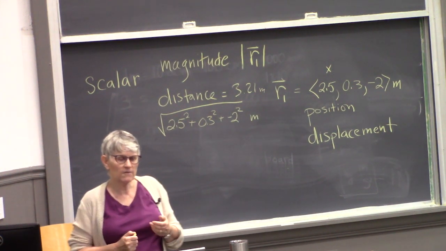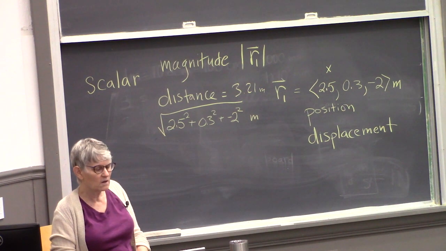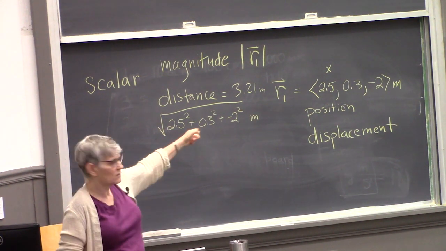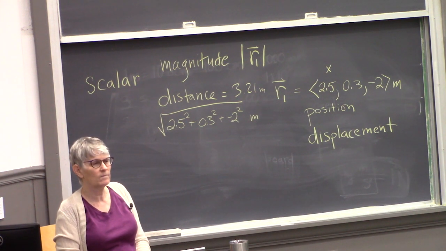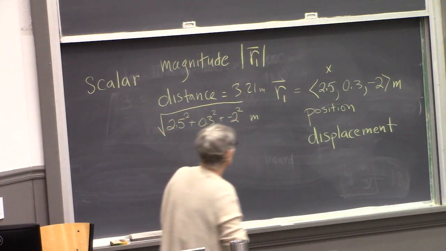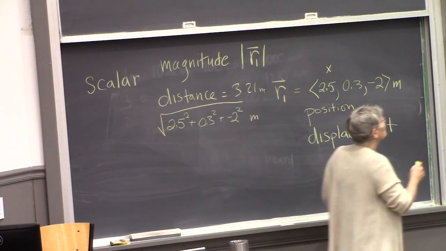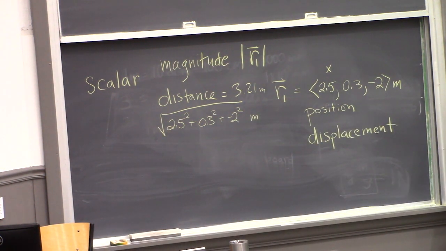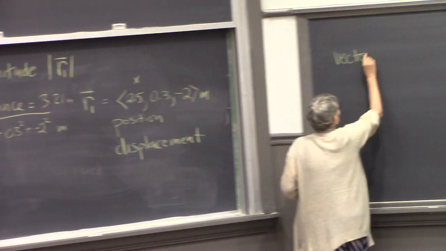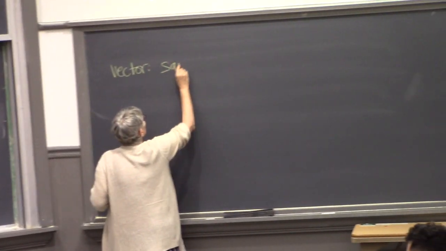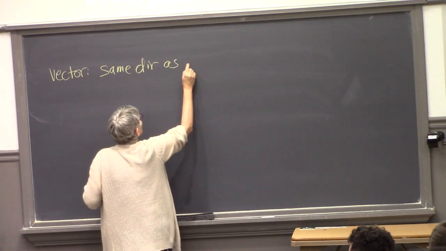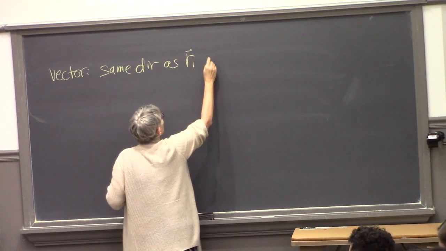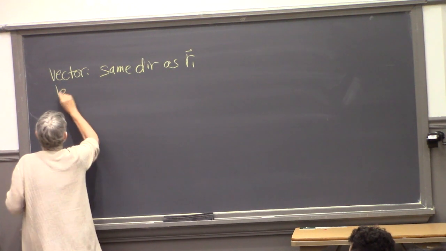Could we make a vector that is in the same direction as this vector, but only half as long? How would we do this? We want a vector in the same direction as R1, but half as long.